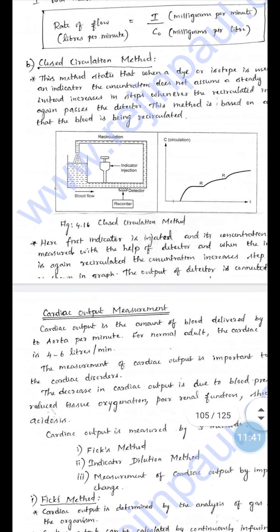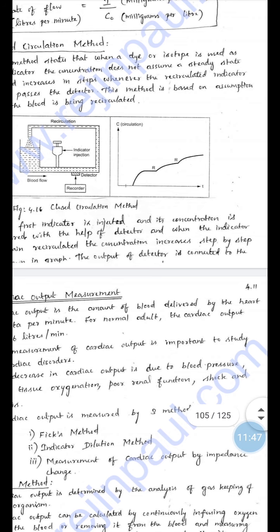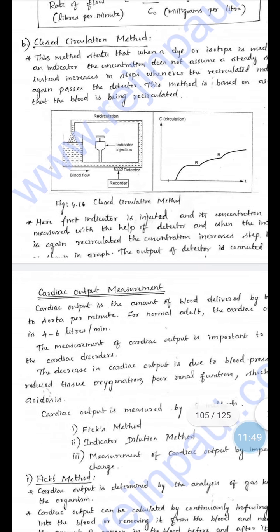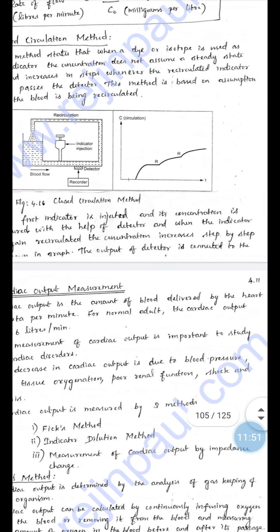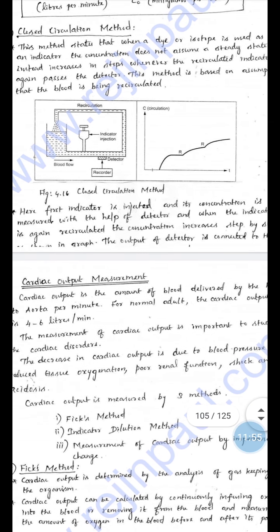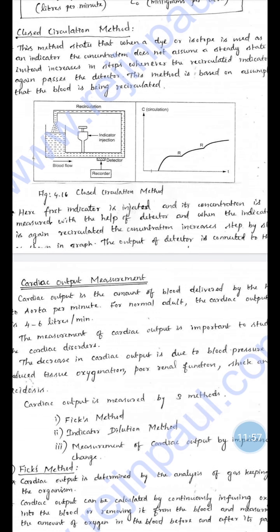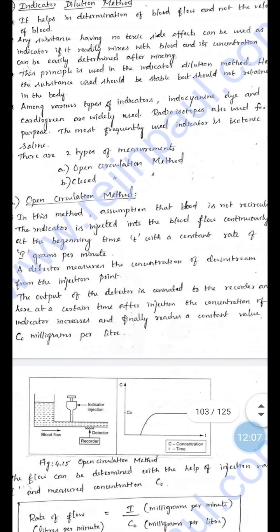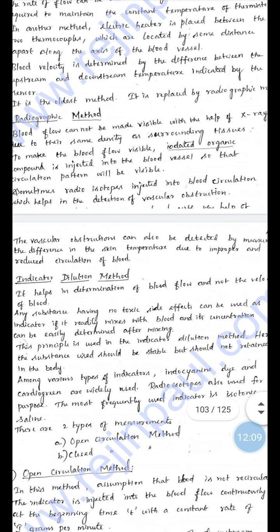The figure shows this arrangement along with the graphical representation. First the indicator is injected and its concentration is measured with the help of a detector, and when the indicator is recirculated the concentration increases step by step, as shown in the graph. The result is obtained in the recorder arrangement. In that manner we are able to measure the blood flow.